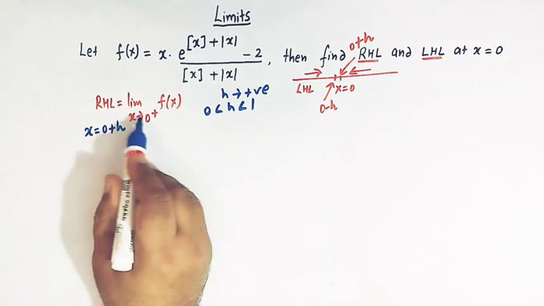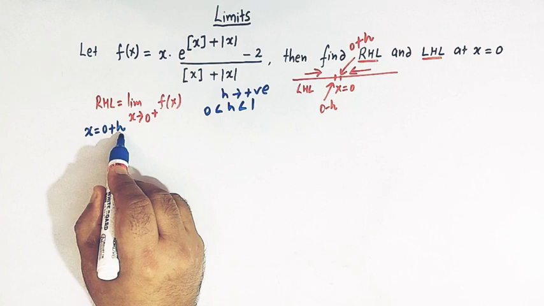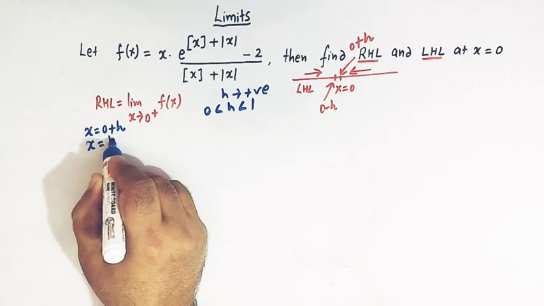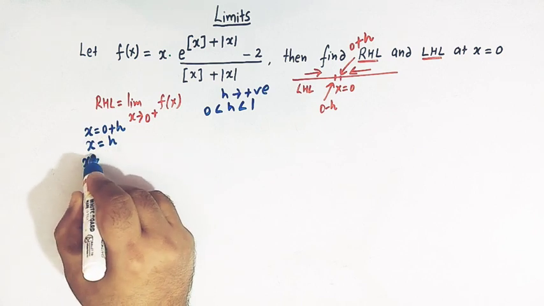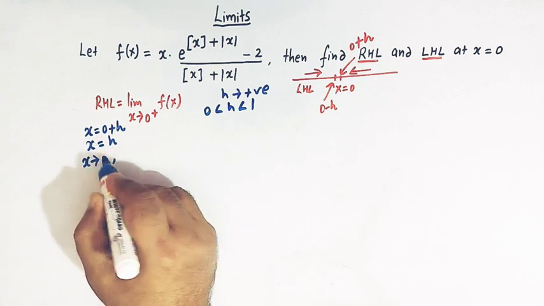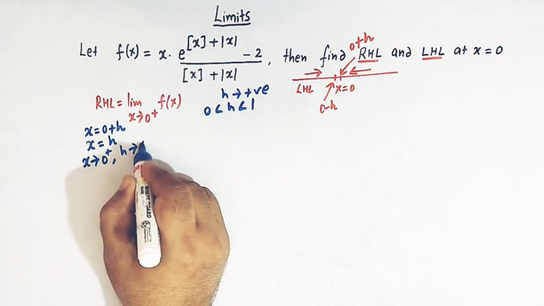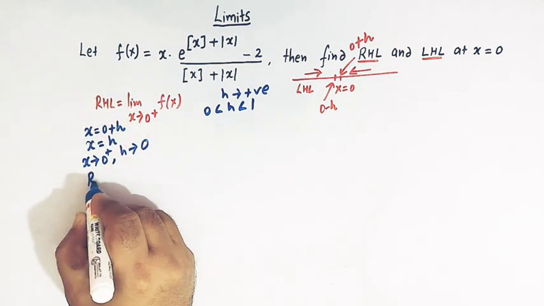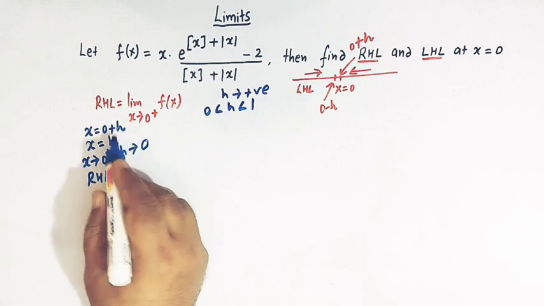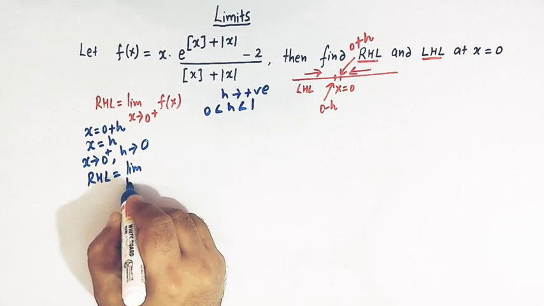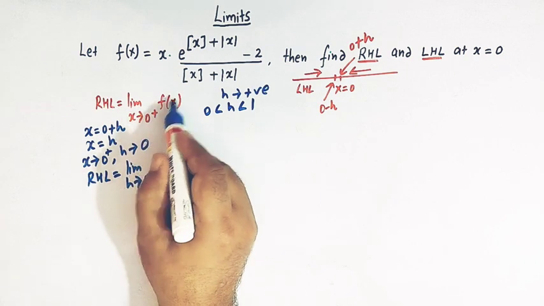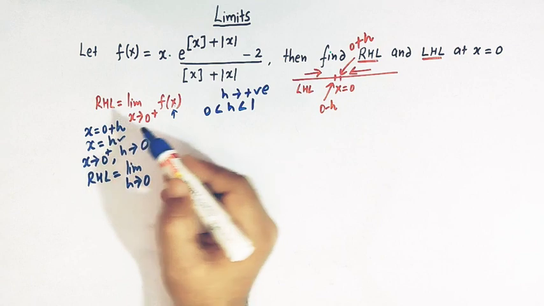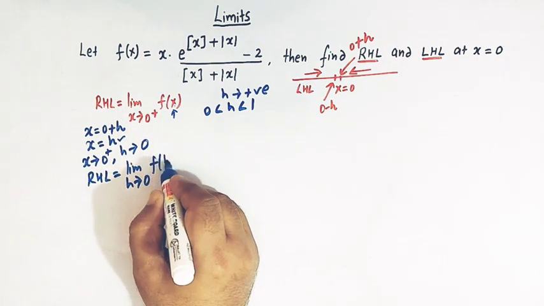So x is simply h, and when x tends to 0, then h tends to 0. Now we can express this right hand limit in terms of h. We have limit h tends to 0, and for f of x we can replace x by h, so we have f of h.